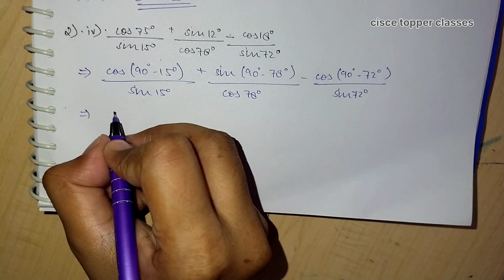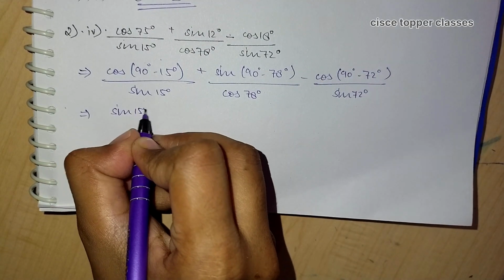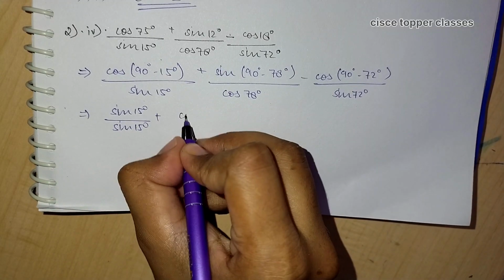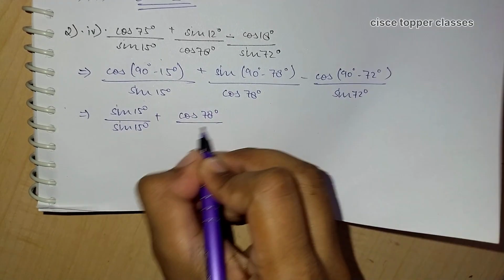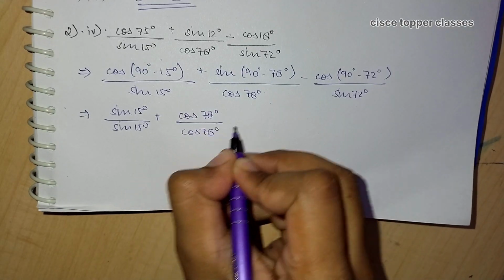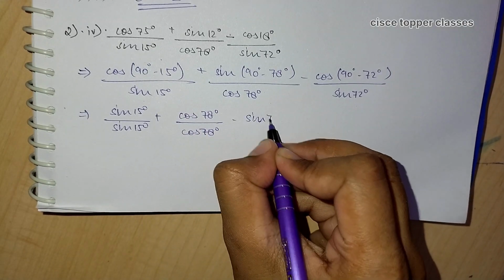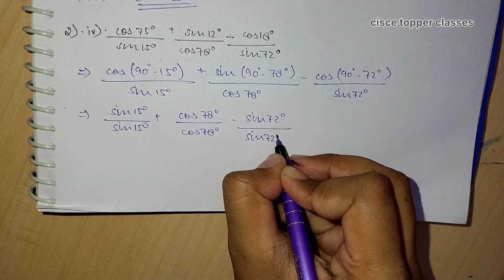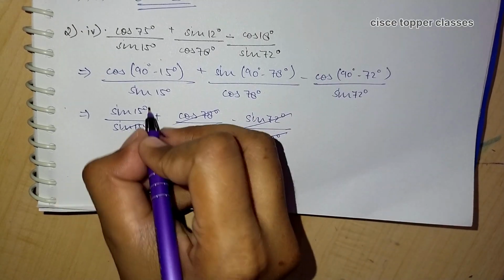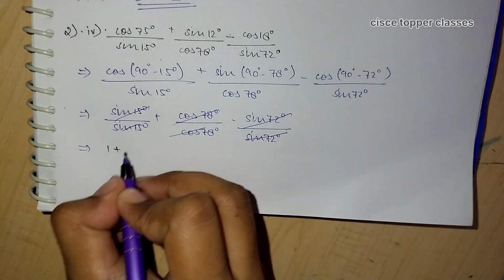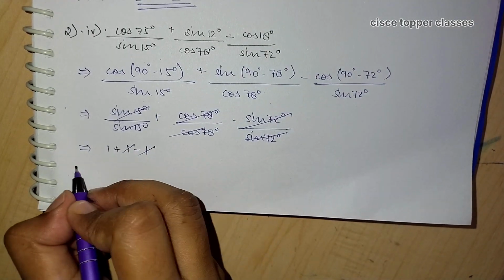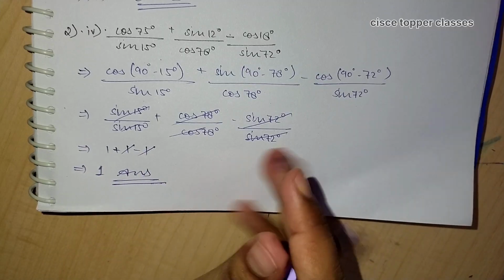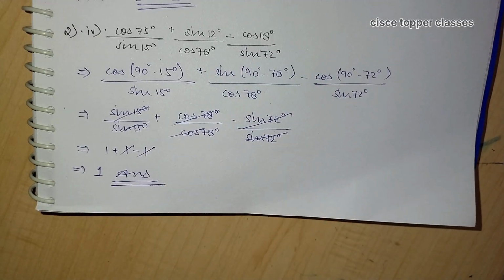So this will be sin 15 degree divided by sin 15 degree plus cos 78 degree divided by cos 78 degree minus sin 72 degree divided by sin 72 degree. Means this part will be cancelled out, and we will get 1 plus 1 minus 1. Again 1 is the answer of question number 2 fourth part. So this is the final solution of question number 2 fourth part.